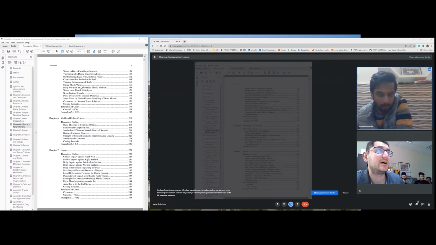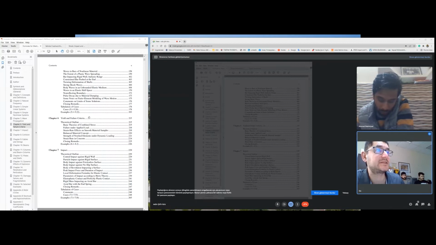So I am coming to the yield and failure criteria, chapter 6 of this book. Chapter 6 is very important. Look here, because when you look at extra large deformation, we have yield, of course failure, and huge failure. Theoretical outline. I just captured this.